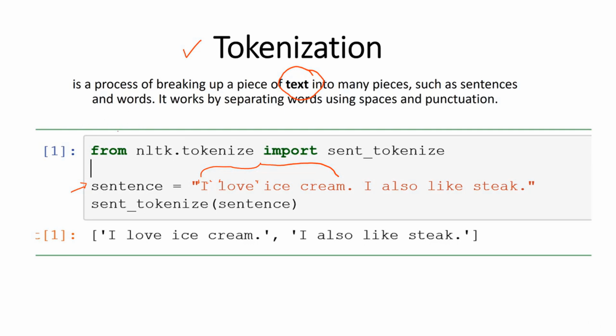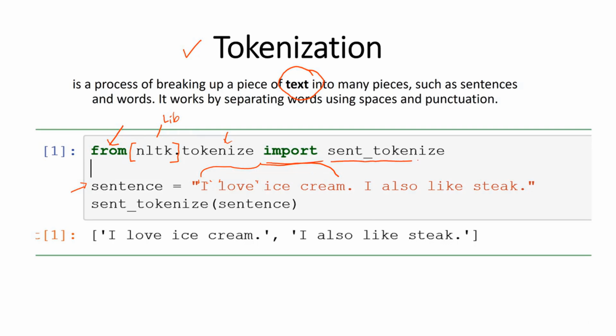So from, anytime we see this, we know we're bringing in only a piece of the library that we're going to talk about throughout the course. This is our library, and it's called NLTK. Tokenize. We're going to bring in this thing called tokenize. Import what?